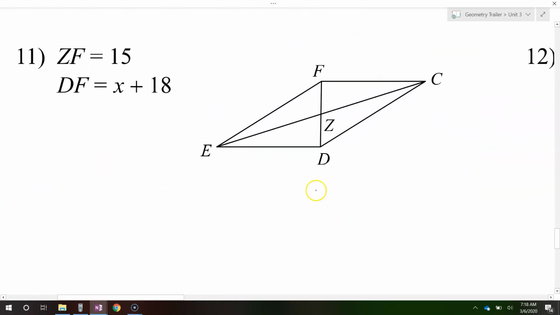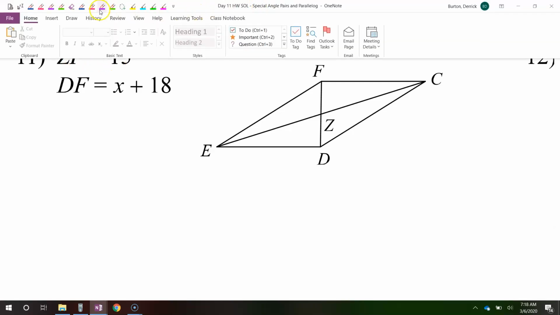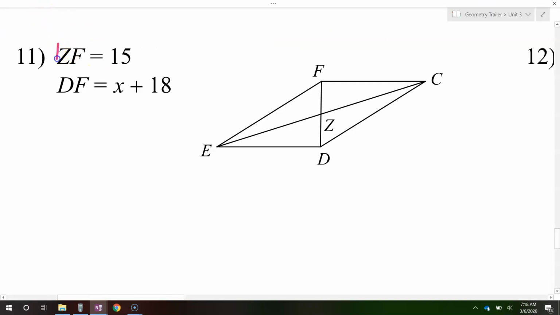All right. So now that we've put the diagonals inside the parallelogram, we can use some additional properties. So let's see, ZF is 15. Let's color coordinate this a little bit. Okay, so ZF is 15.